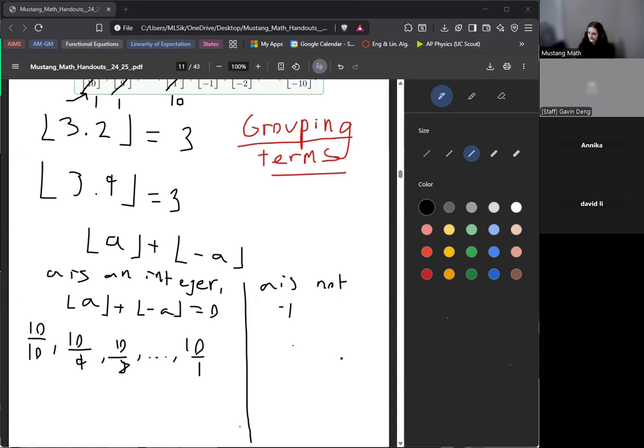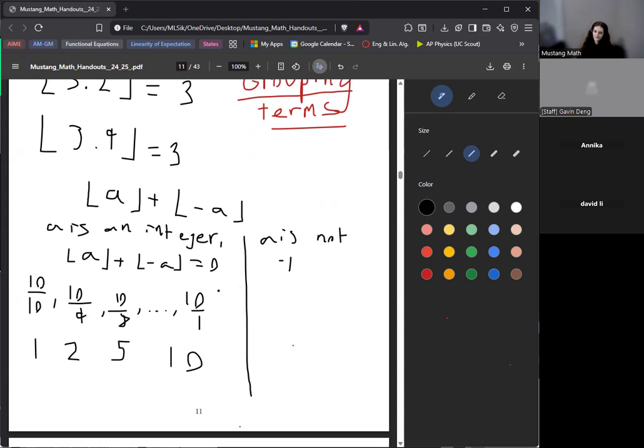Yeah, so we get 10 over 10, which is 1, 10 over 5, which is 2, 10 over 2, which is 5, and 10 over 1, which is 10. So out of our 10 terms on this side, we have 4 integers. So that means that there must be 6 non-integers on this side, meaning our answer will be 6 times negative 1, which is negative 6.